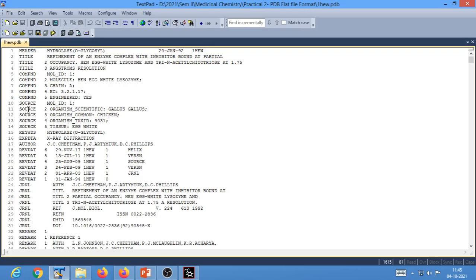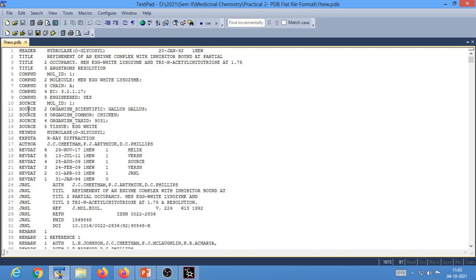So for the time being, understand that you can divide your PDB file into two sections: the annotation section and the coordinate section, wherein the structural information is actually provided.